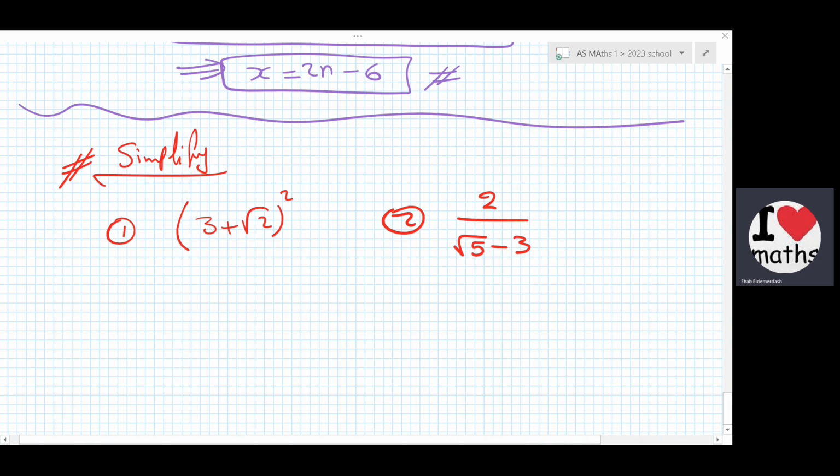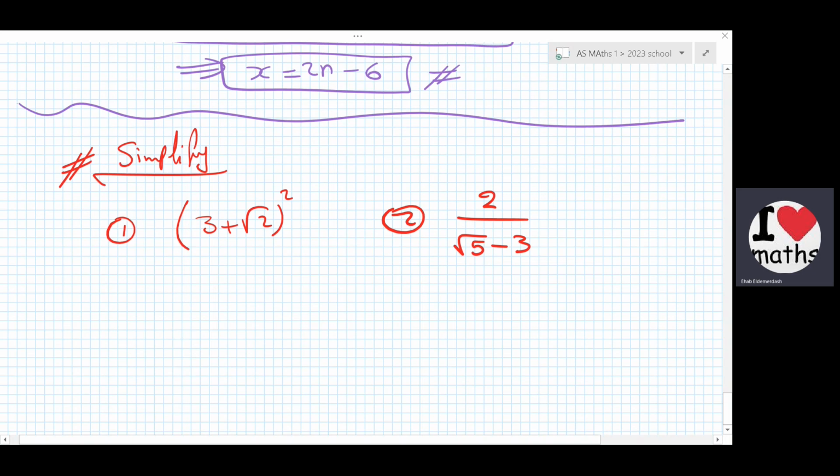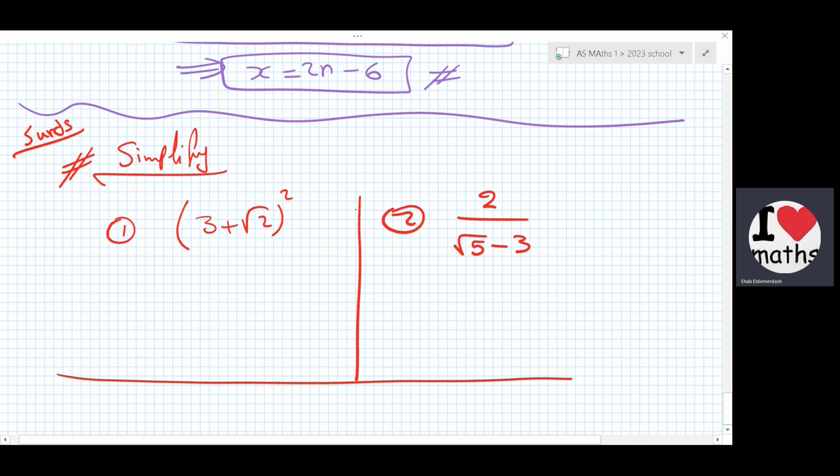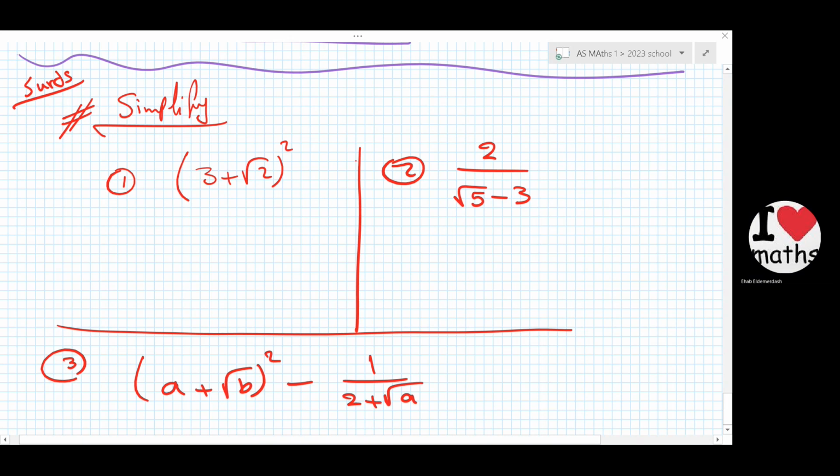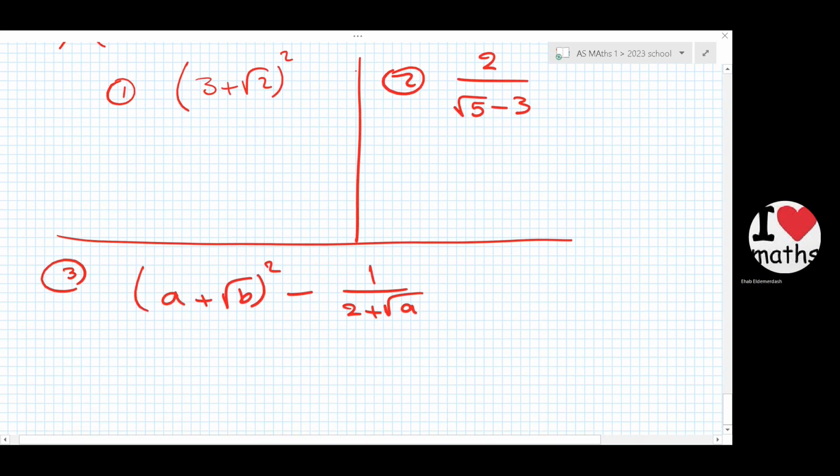These are two questions: simplify, or change the expression into surd form. Here we are just doing a revision on the surds. Then I can give you a slightly more complicated question like (a plus root b) all to the power of 2 minus 1 over (2 plus root a). Simplify.